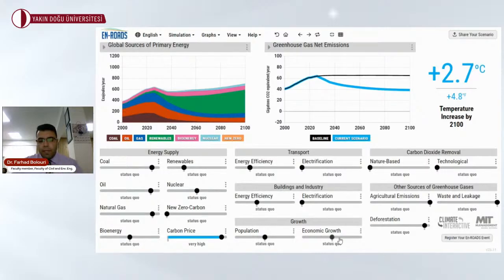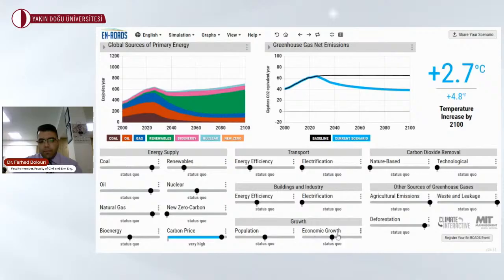But when we have economic growth and people are rich in our world, for example, this one you see, this effect decreases. Why does it happen? Because when we have only carbon price increases, big firms, big companies have to pay money for their carbon production. So it forces them to reduce carbon production, and it is a good policy.